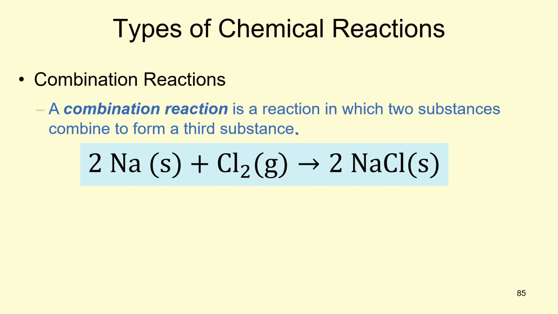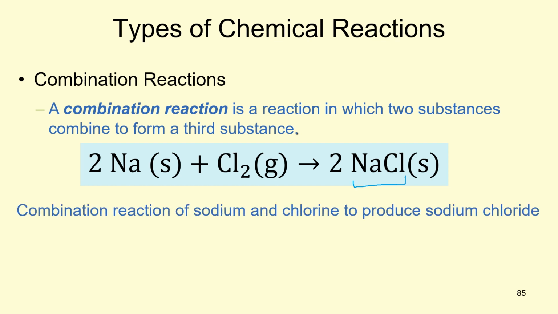So this is a combination reaction. A combination reaction is just a reaction in which 2 substances combine to make a third. So when you only have one product, you can assume it is a combination reaction. 2 things combine to make one. This happens to be sodium plus chlorine giving sodium chloride.